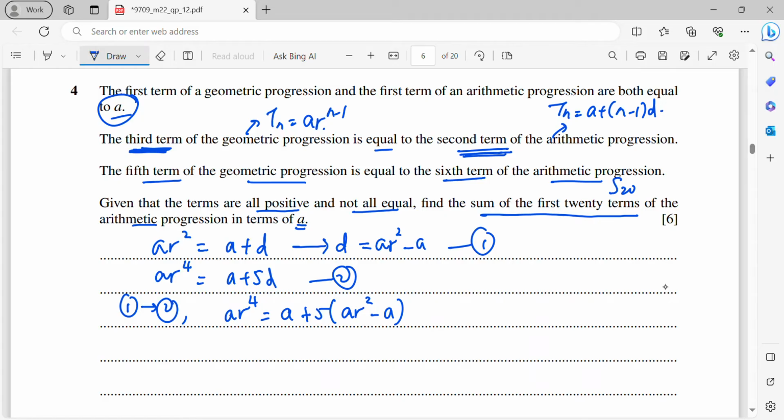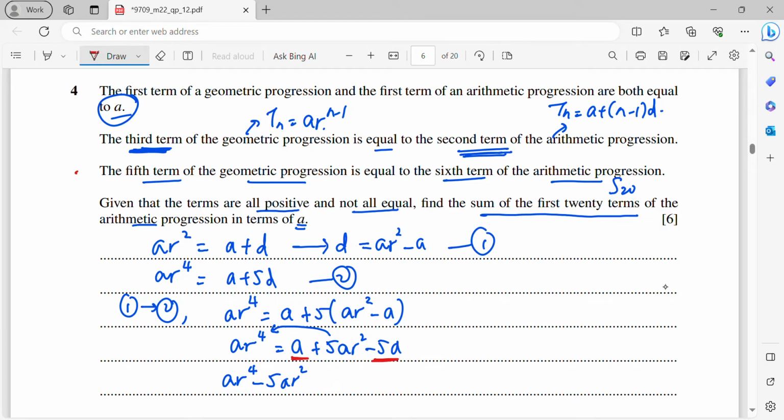And then here I will do expansion. AR to the power 4 is A plus 5AR squared minus 5A. So now I move all the terms to the left hand side. Then you will be getting AR to the power 4 minus 5AR squared. Now on the right hand side, this is A, this is minus 5A, so the total will be negative 4A.